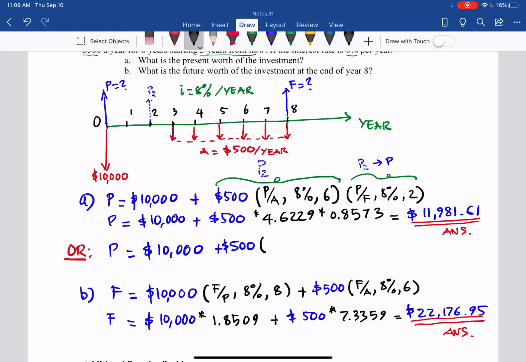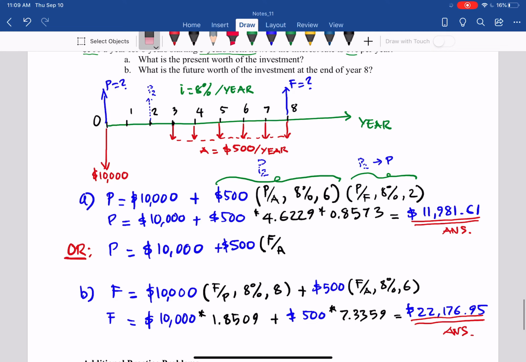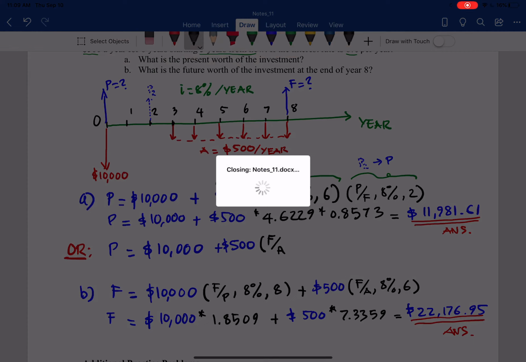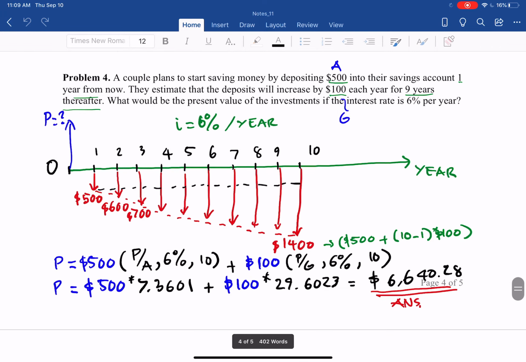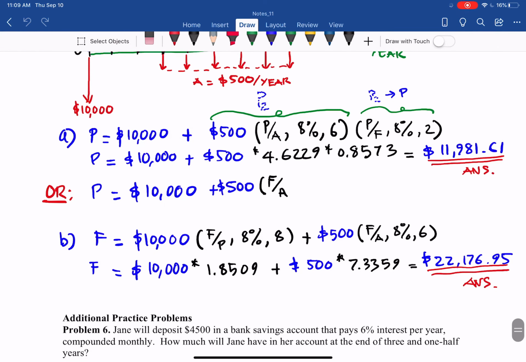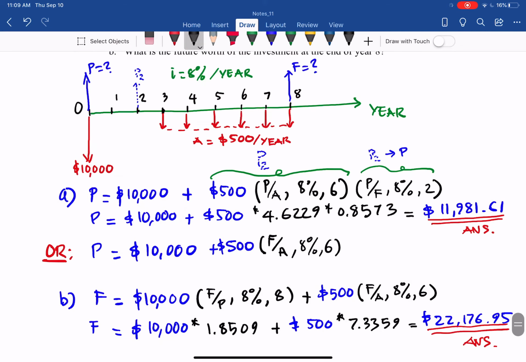So it will be F over A, 8%, and 6 years, just something we did in part B. So we bring that to year 8, and then we have a future value, and we bring that back to year 0, 8 years from the future to year 0, so given F, find P, P over F, 8% for 8 years.